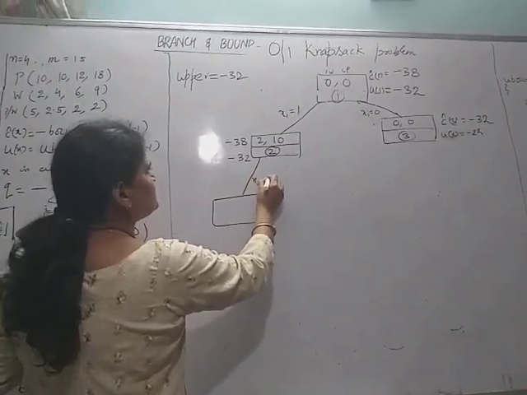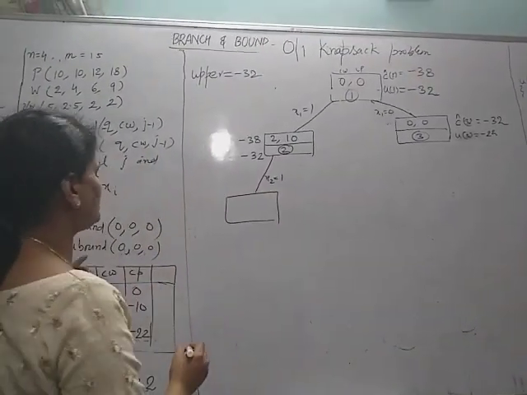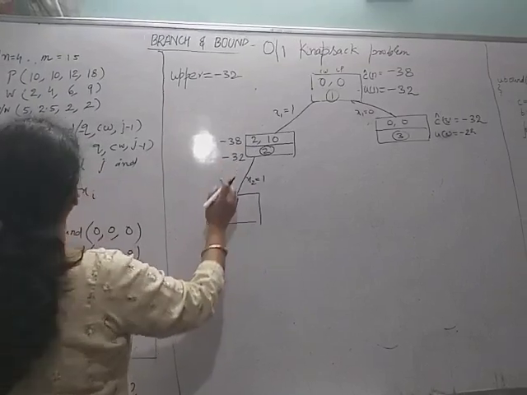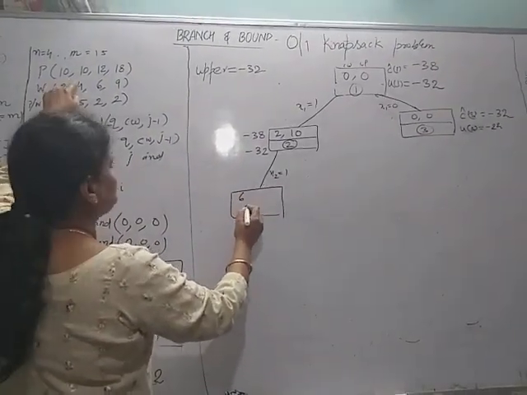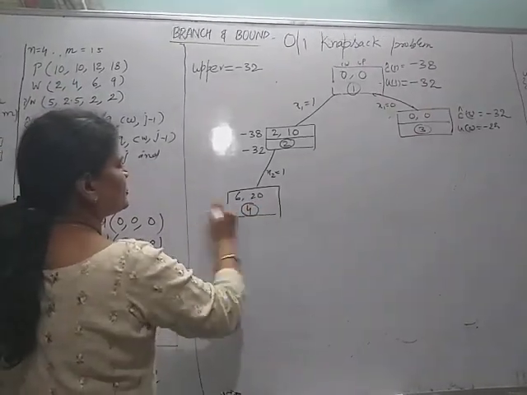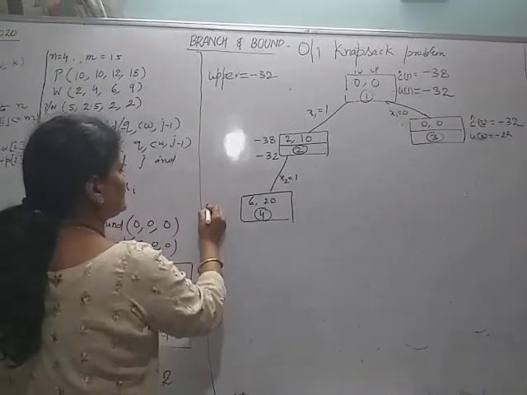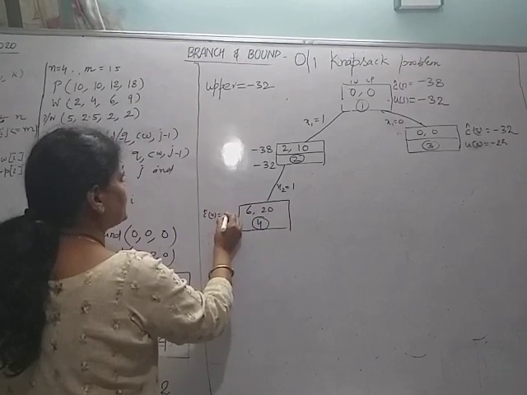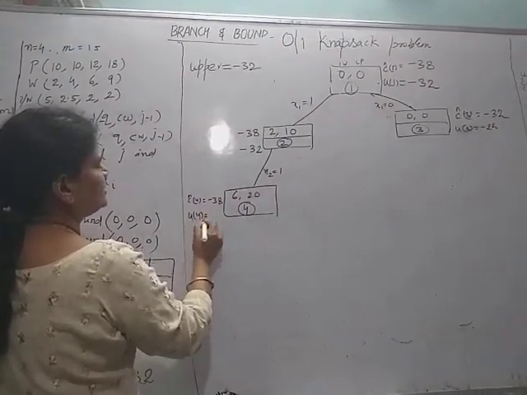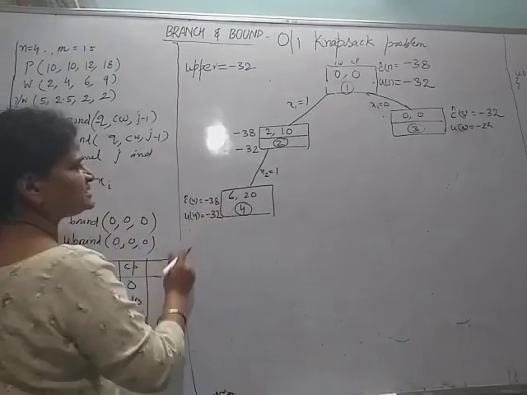Okay. So here x2 equal to 1. So just 2 plus 4, 6, 10 plus 10, 20, and the node numbering is 4. Okay. And C cap 4 equal to minus 38 and U4 equal to minus 32. This is the same.